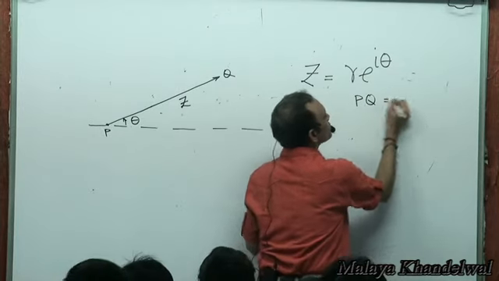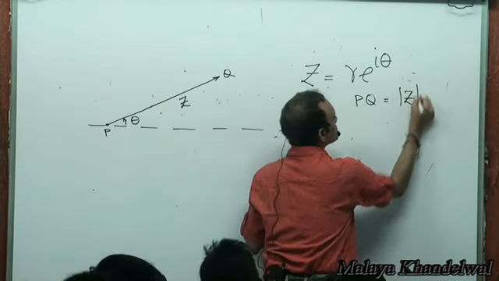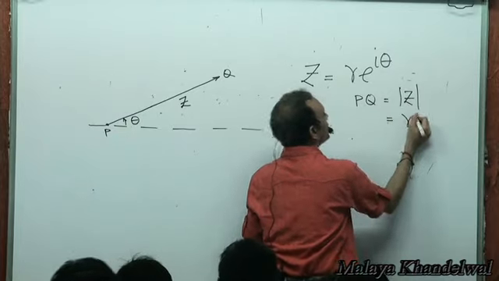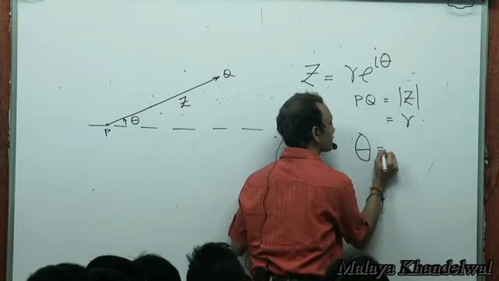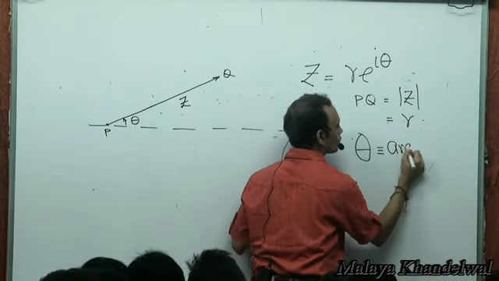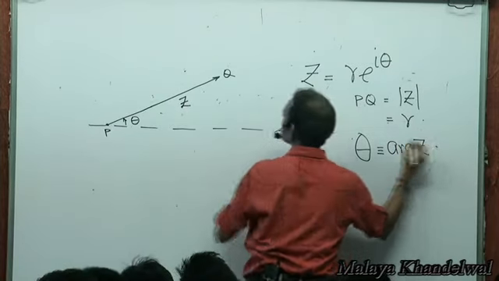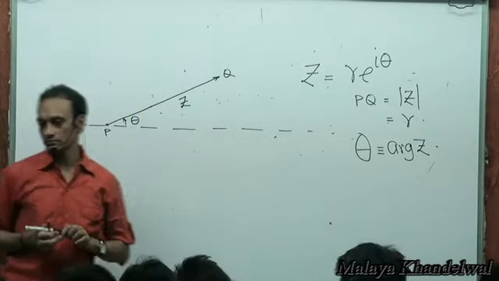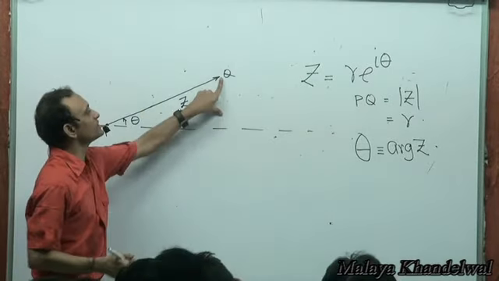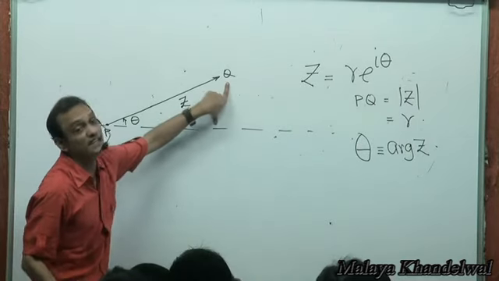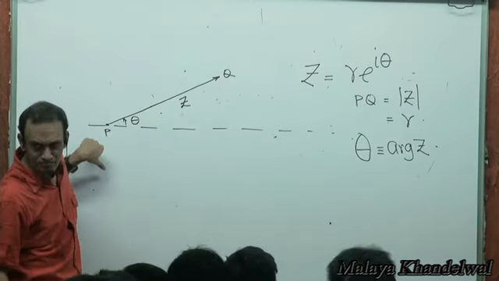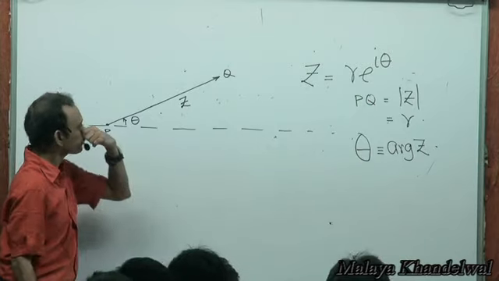PQ represents mod z, and theta represents argument z. This z would be the position vector of q minus the position vector of p, that means z of q minus z of p.